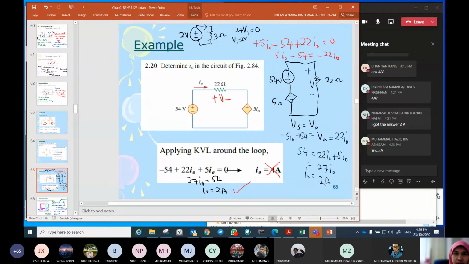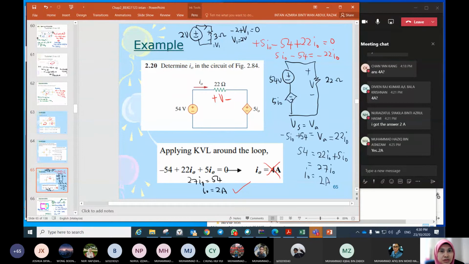This is the KVL equation, and we know that this is V1, V1 is equal to 2 volt. Why? Because there is only one resistor here. So all supplied by the voltage source will be absorbed by this resistor. So this 3 ohm will get all 2 volts.